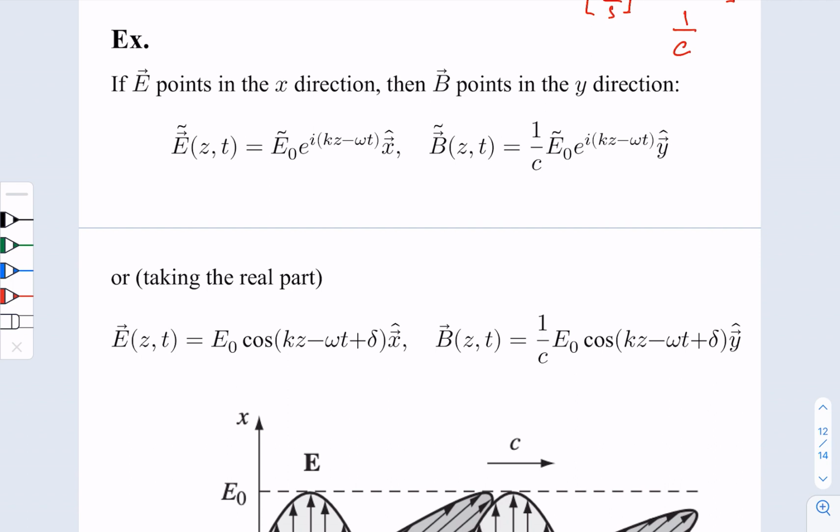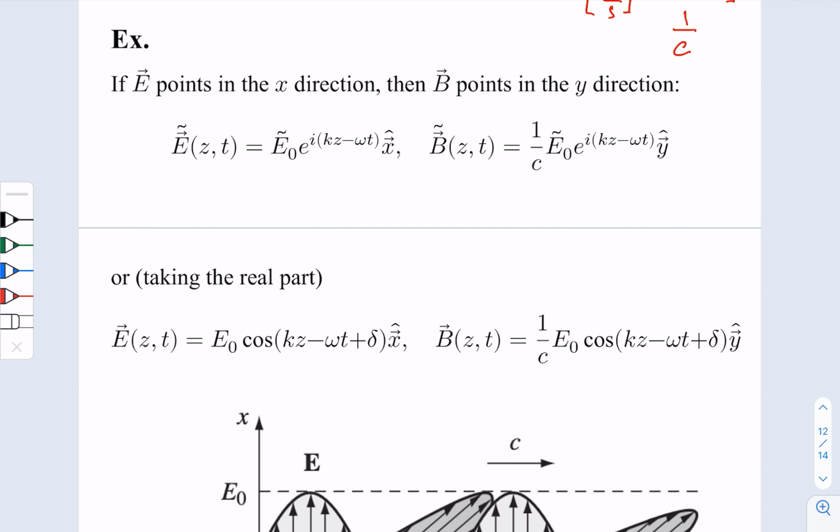In terms of complex numbers, the electric field goes as E tilde times e to the i(kz minus omega t), and for the B field, it must be E tilde over c. So the amplitude is slightly different, and the direction changes from x direction to y direction.